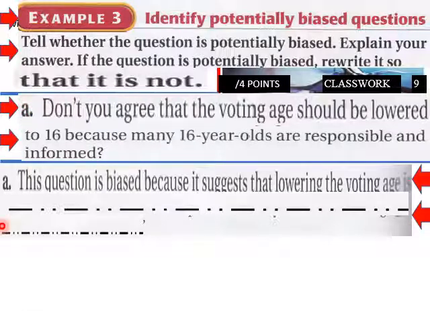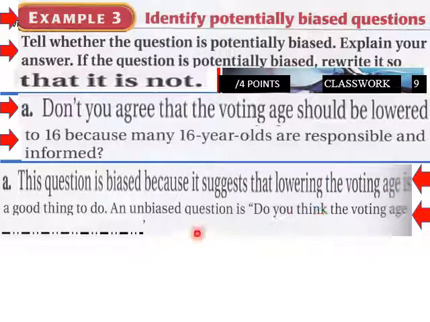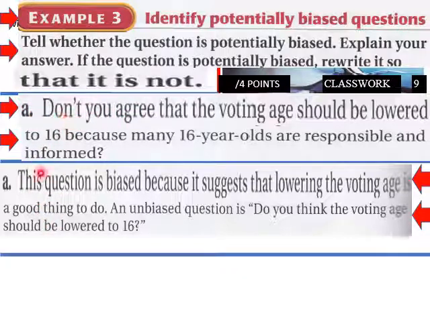This question is biased because it suggests that lowering the voting age is a good thing to do. An unbiased question would be, do you think the voting age should be lowered to 16? It shouldn't lead in with a suggestive kind of phrase.